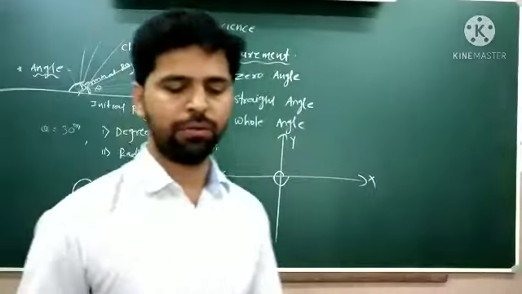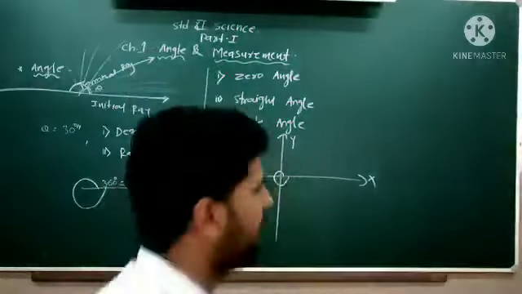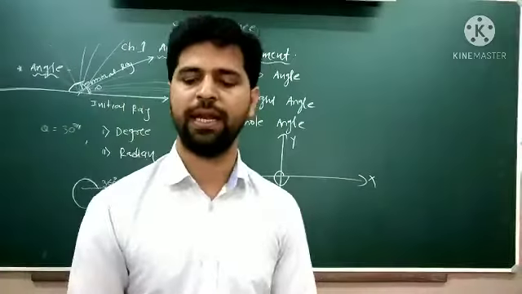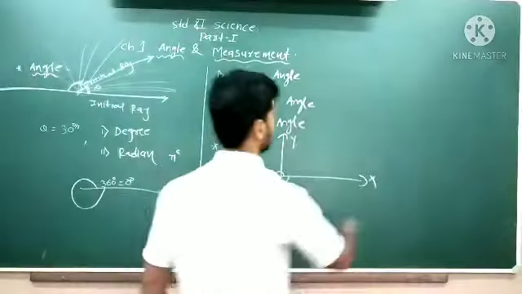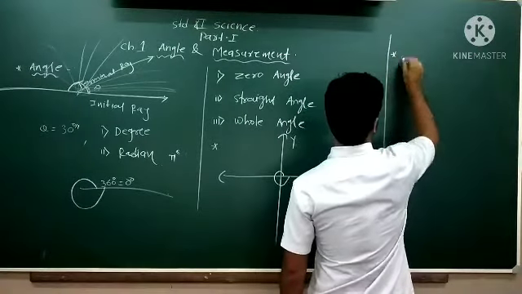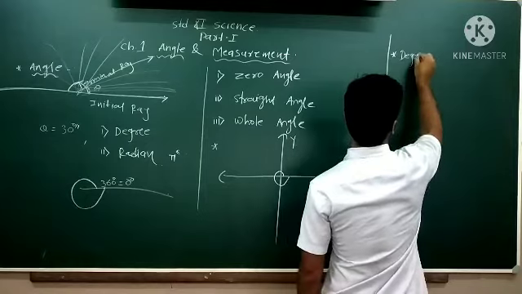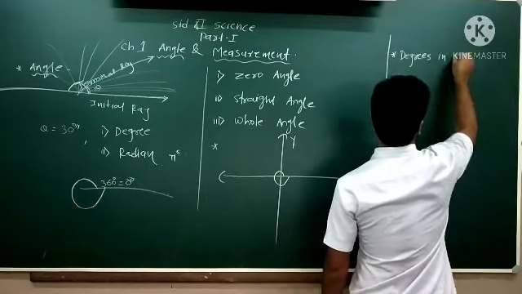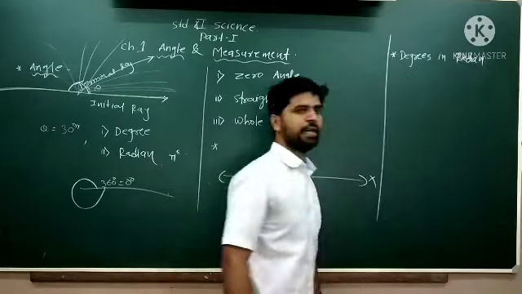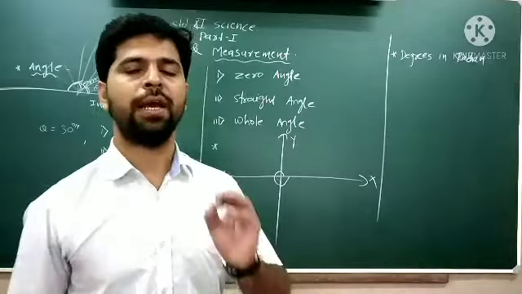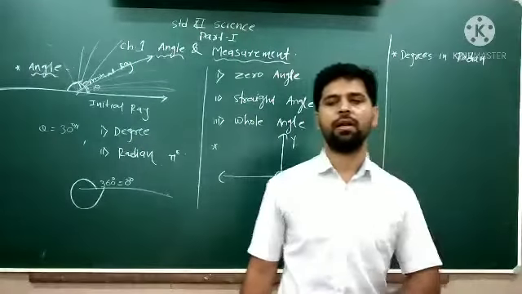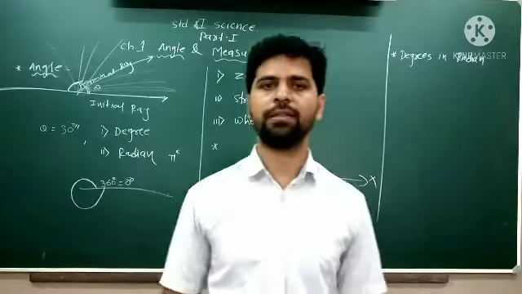Now the next thing that we have to see is how we can convert any degrees into radian and radian into degrees. First we will see degrees into radian. When you have any angle given in degrees and they ask you to write the angle into radian, then how to do that?